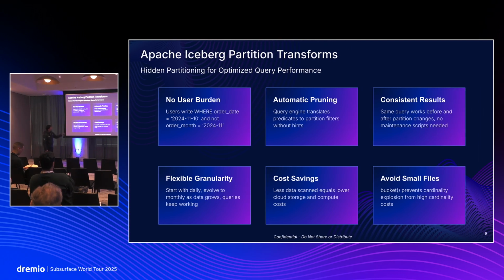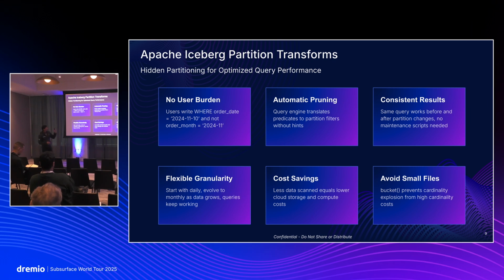So how is it much more efficient than Parquet? Obviously, there's no user burden. If you have a partition transform on the month of a timestamp, you can simply give the date column and not worry about giving something like 2024-11.